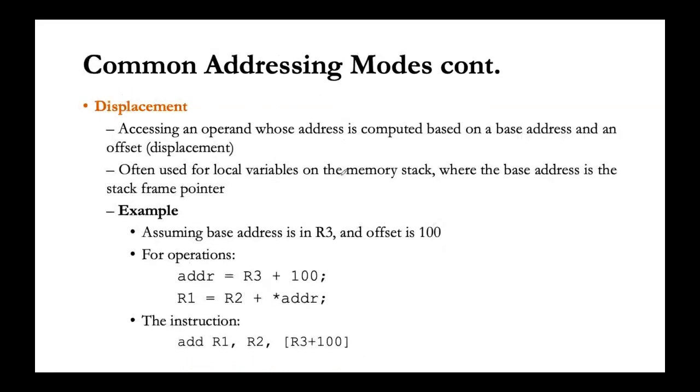Then comes the displacement addressing mode. In displacement addressing mode, it is accessing an operand whose address is computed based on the base address and an offset, or we call it your displacement. This displacement we generally find in stack operations.